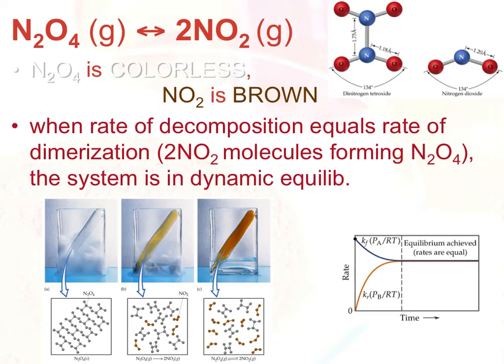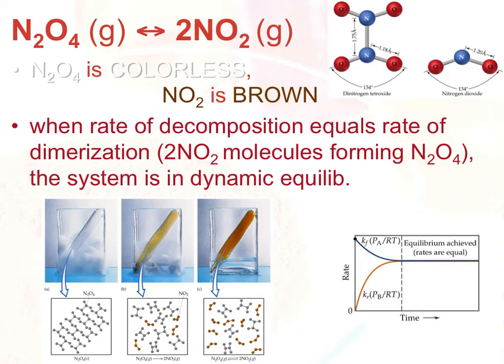So what we're seeing here from our macroscopic perspective is the progression of N2O4 breaking down into NO2 and then eventually reaching equilibrium. This last picture here shows what this container will continue to look like theoretically for all time. And so what has happened here is that equilibrium has been established.